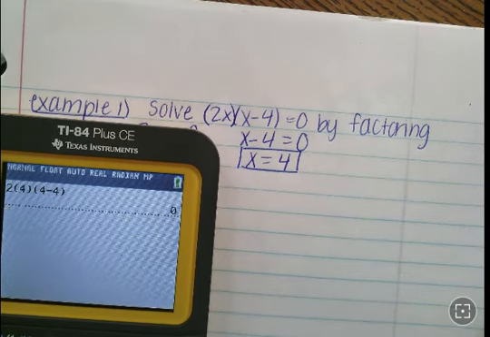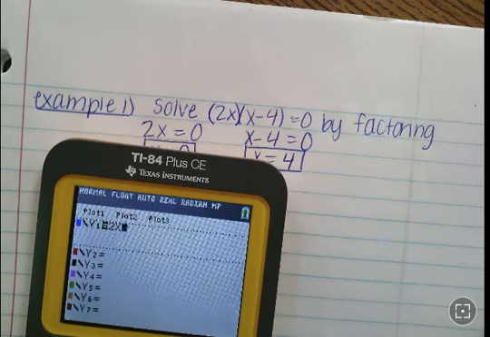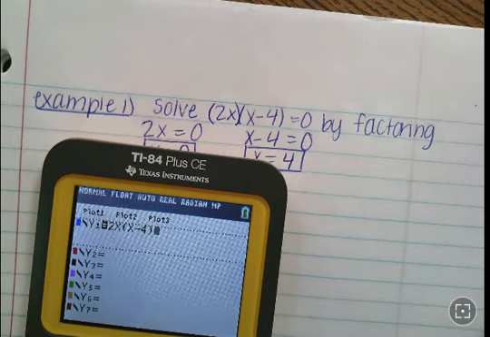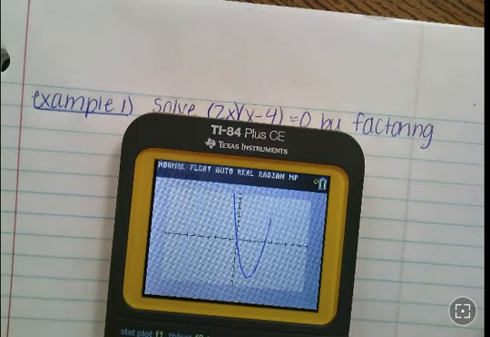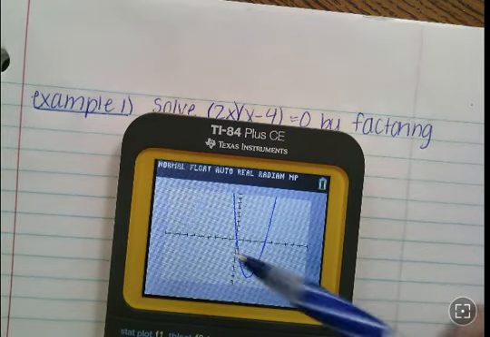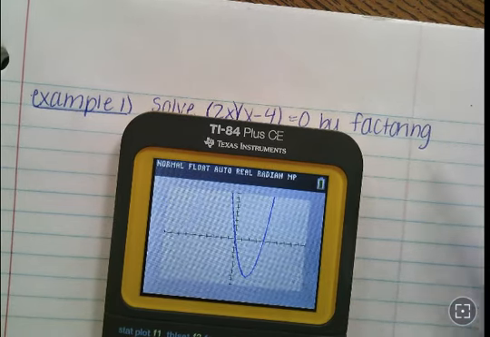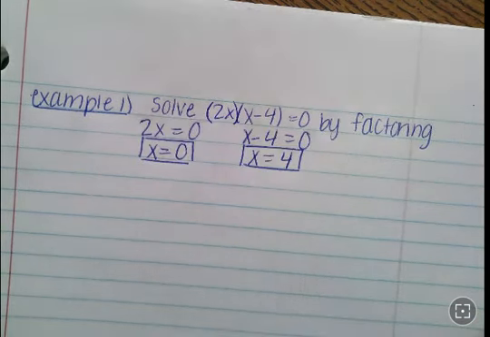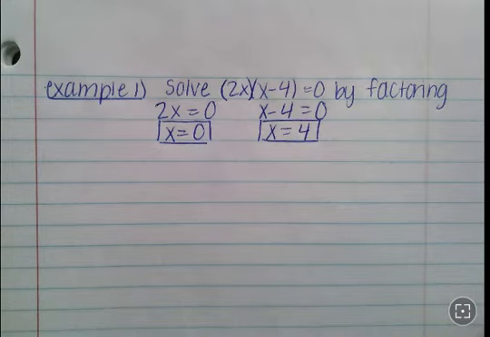Oh my gosh, that's 0 too. You also could plug it into the calculator. 2x, x minus 4. Go to the graph, and remember, solutions are found where we cross the x-axis. And you can see from the graph that we cross the x-axis at 0 and at 4. Okay? So that's the cool thing about solving, is that there's probably more than one way to check your answer, which is super nice. Okay?